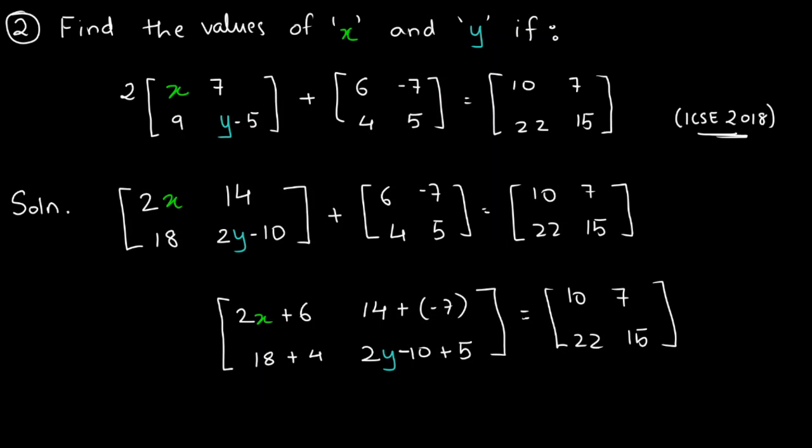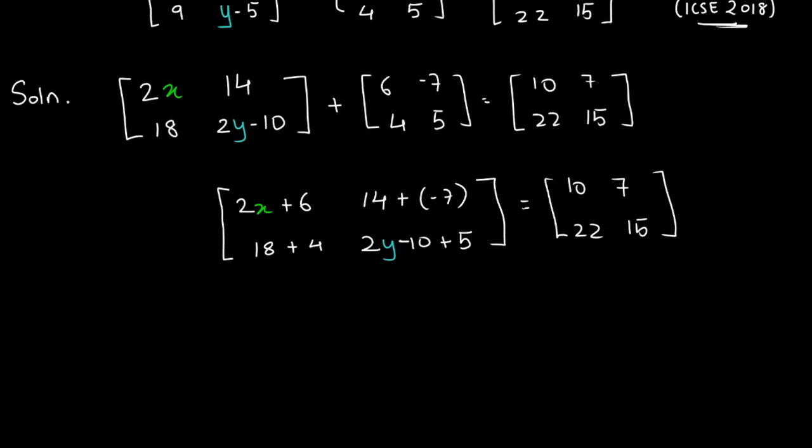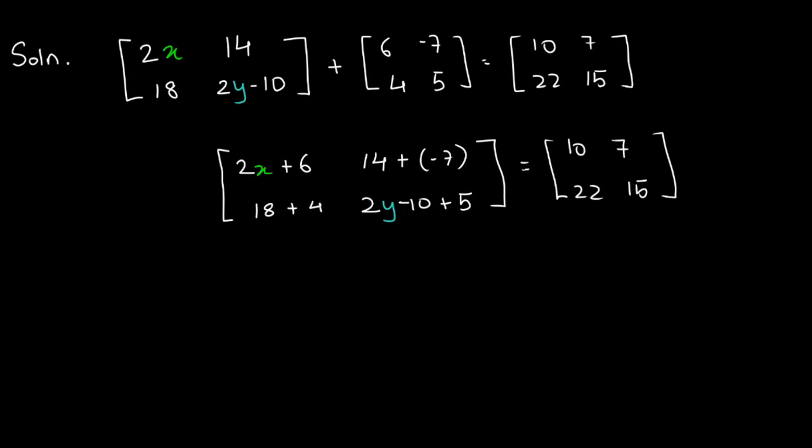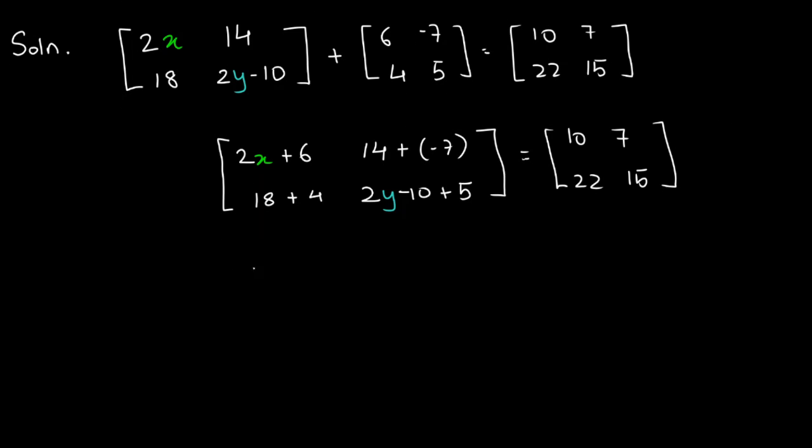Alright, now moving on, let's calculate our values over here. As you can see, we have 2x plus 6, that will remain as it is. There's nothing much we can do to that. Here we have 14 plus minus 7, which will make it 14 minus 7, that is 7. 18 plus 4, which is 22.